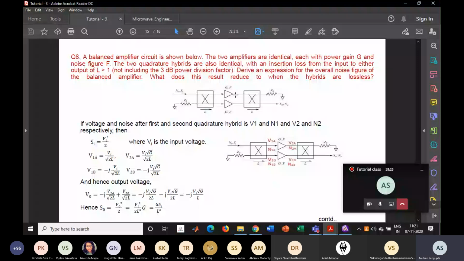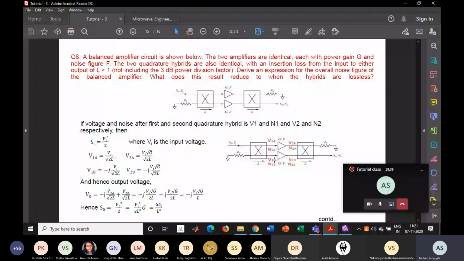So V1, N1, V2, N2. You can see from the second picture that V1A, N1A are for the first amplifier, and V1B, N1B for the second amplifier, and the same for V2A, N2A and V2B, N2B.